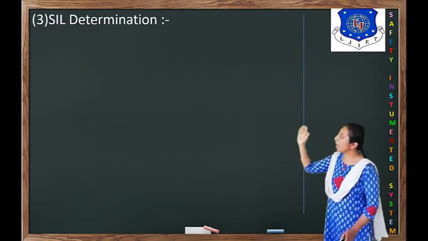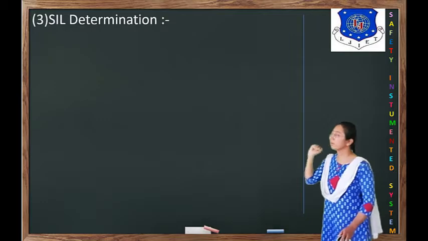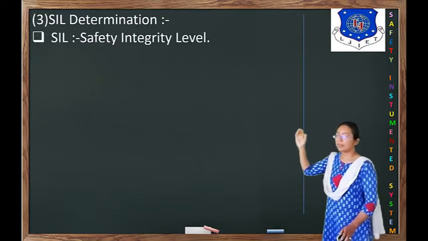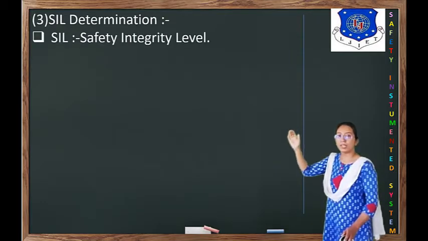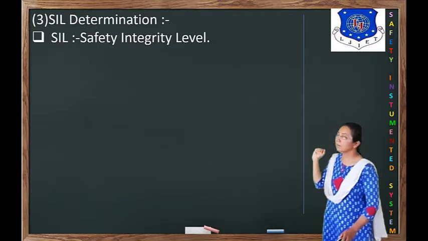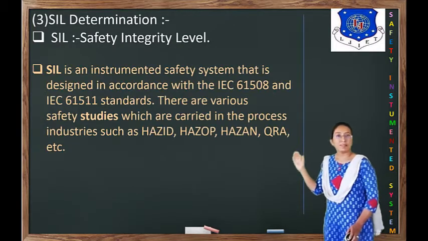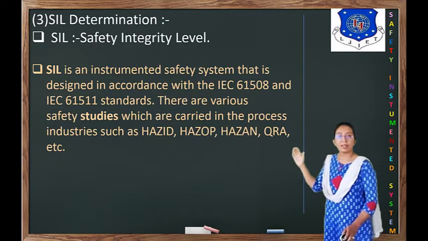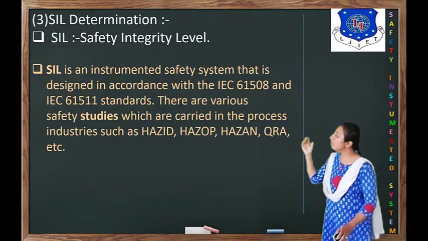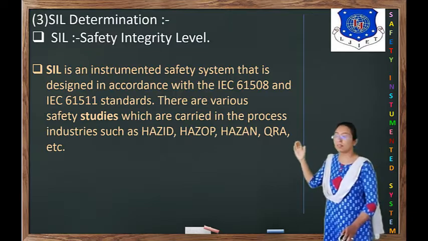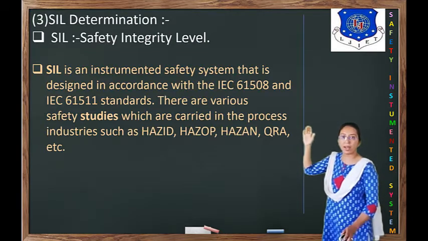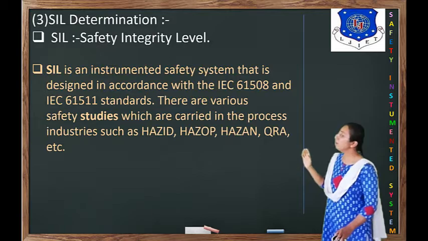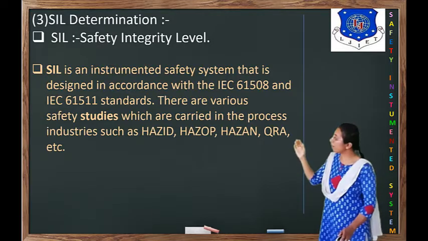Number 3, SIL determination. SIL, that is safety integrity level. SIL applies to an instrumented safety system that is designed in accordance with the IEC 61508 and IEC 61511 standards.